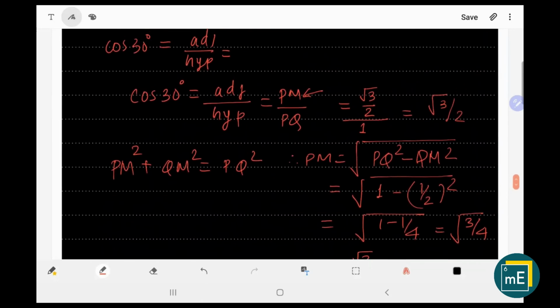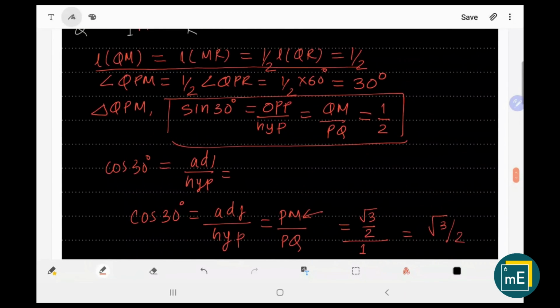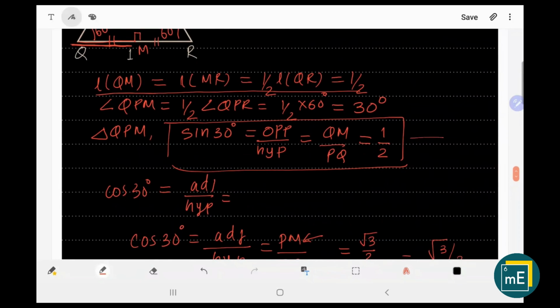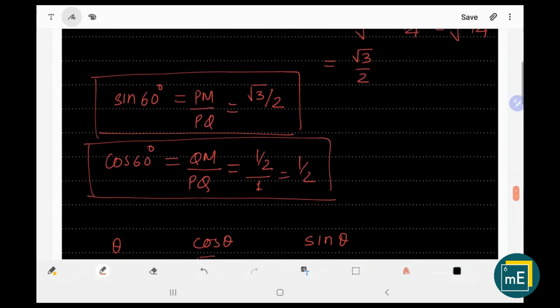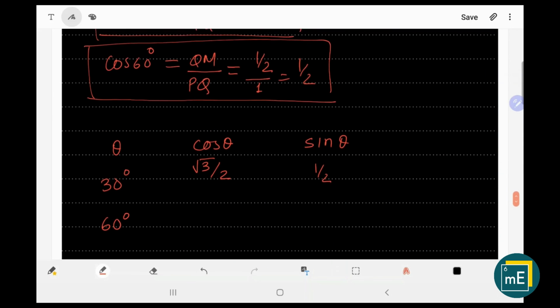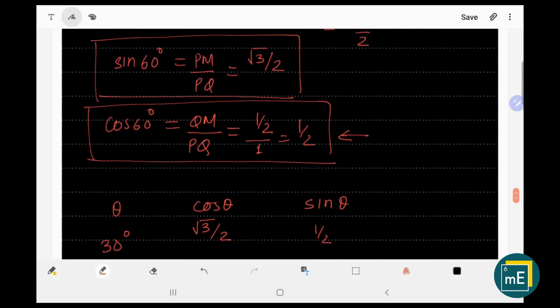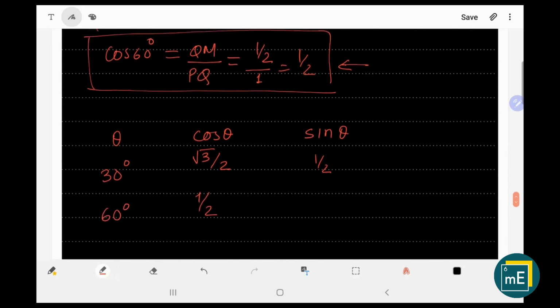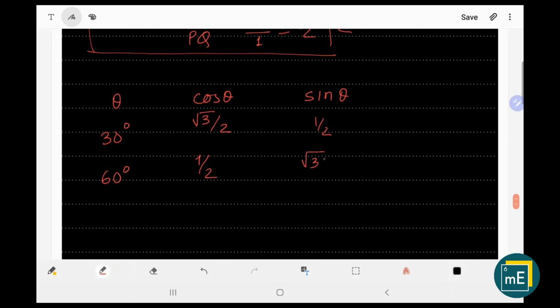Sin 30 we have calculated as half. Cos of 60 we have calculated as half, so this becomes half, and sine of 60 we have calculated as root 3 by 2, so this becomes root 3 by 2.